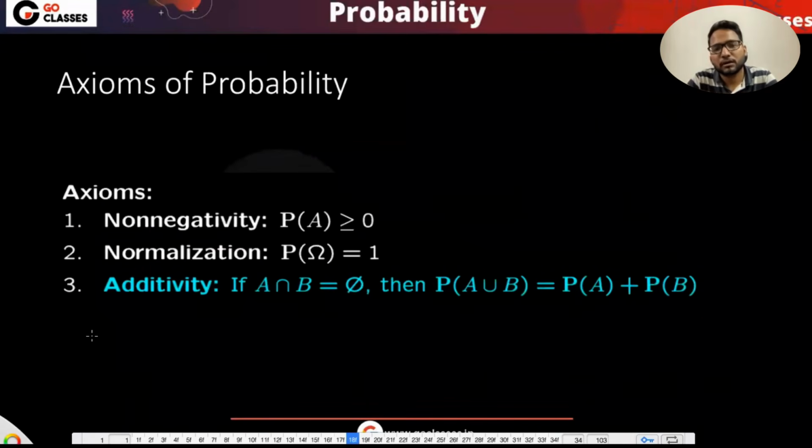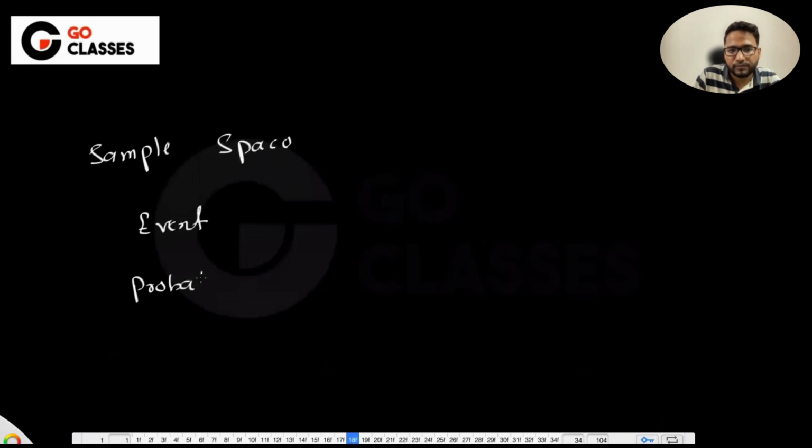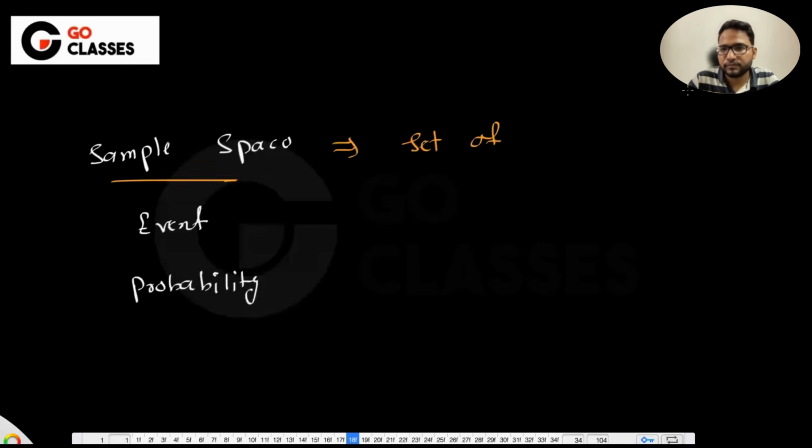Now we know what a sample space is, what an event is, and what the probability is. Sample space, event, probability. Can anyone tell me what the sample space is? It is the set of all possible outcomes. What is an event?